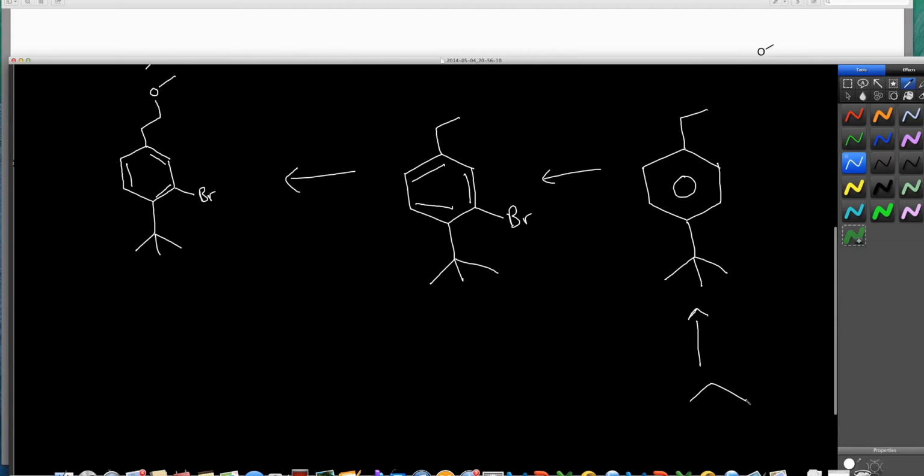I could add an ethyl group before I brominate. And then I could have started with benzene. So let's see if we can map all of this out.